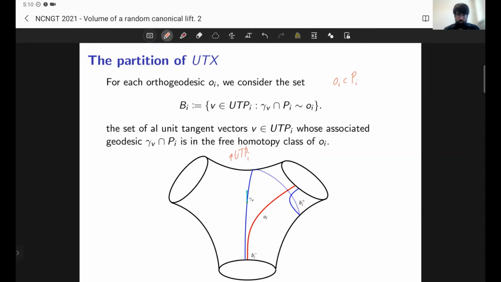Because of that, we say that this point v is in V_i. So that's the set V_i of points satisfying this property: their corresponding geodesics are freely homotopic to the orthogeodesic O_i.